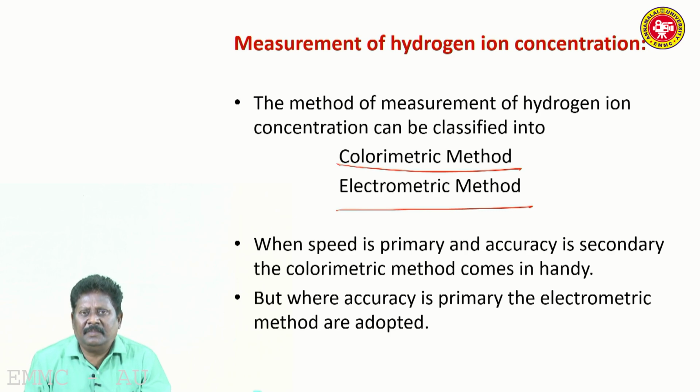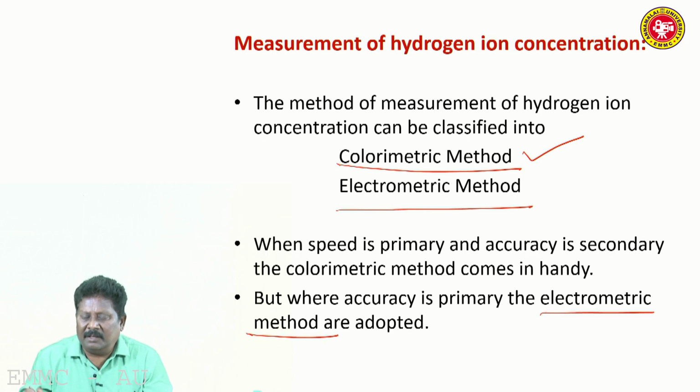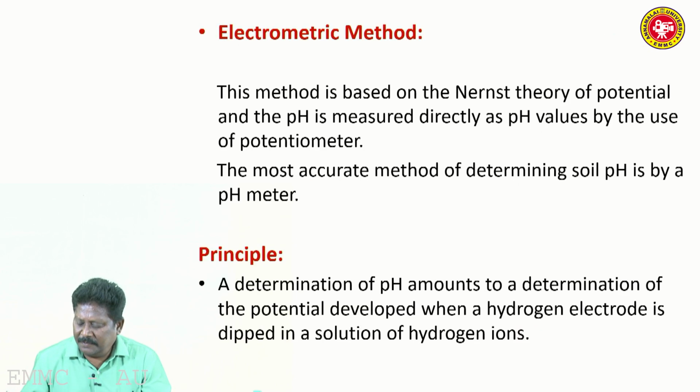When speed is primary and accuracy is secondary, you can choose the colorimetric method. But where accuracy is primary, you can choose the electrometric method for determining the pH.